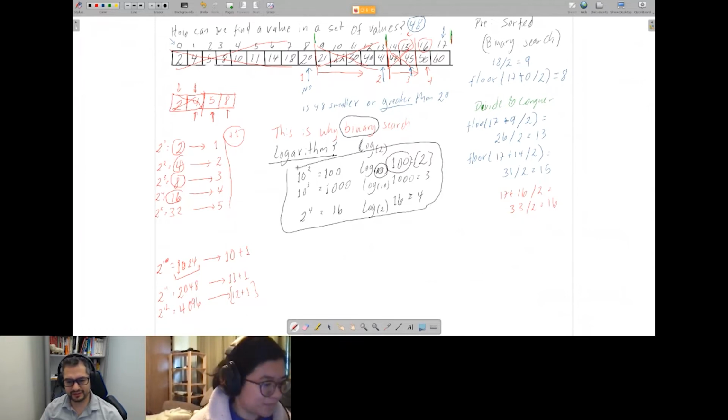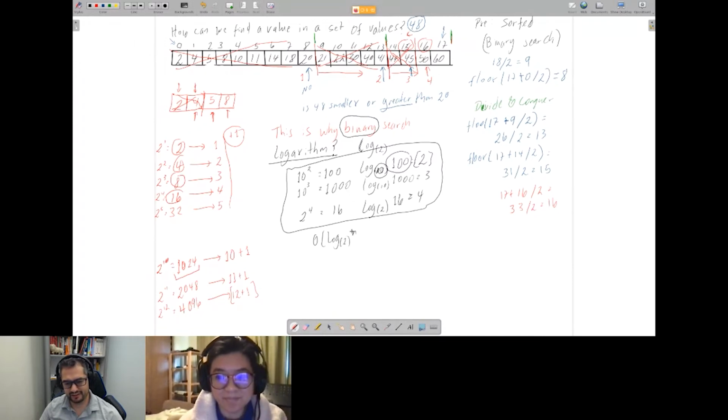This is the reason why it's big O of log n. That's why this algorithm is big O of log n, and to be more precise, log base 2 of n, right?